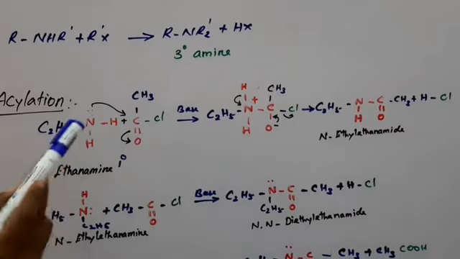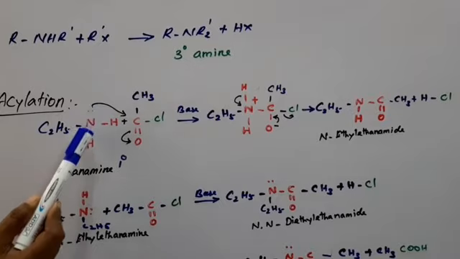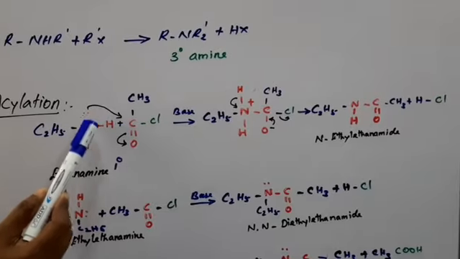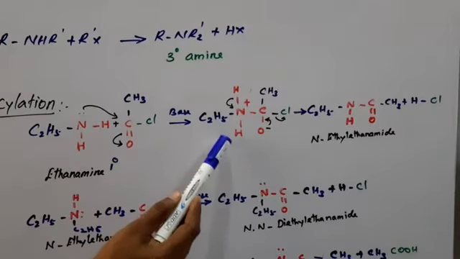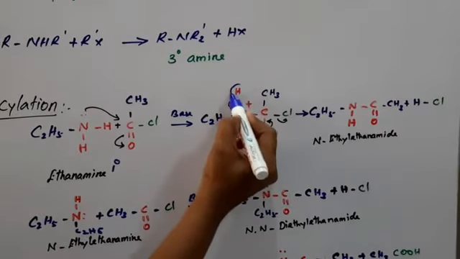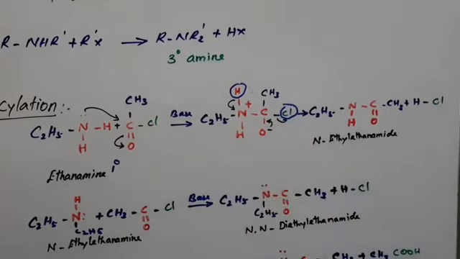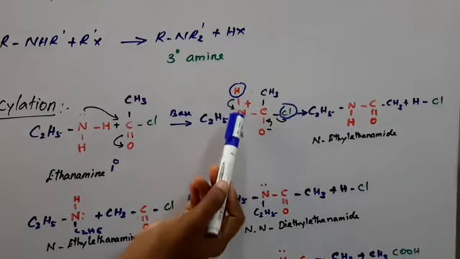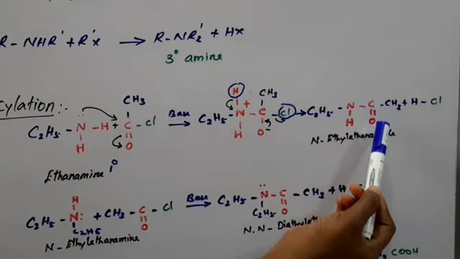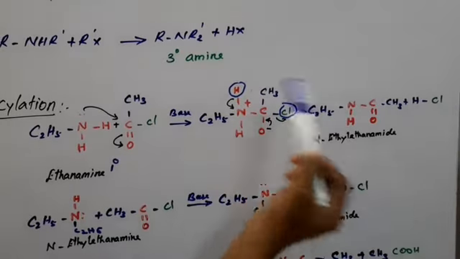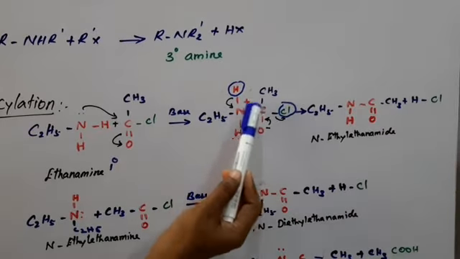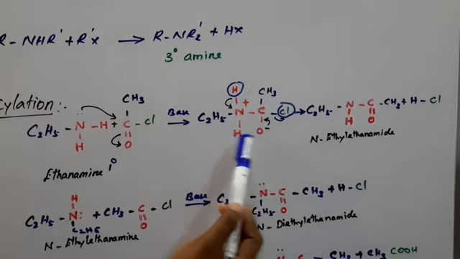Because the nitrogen has a lone pair of electrons, the shifting takes place, and the hydrogen is replaced to form a product. After that HCl is removed, one H and the Cl. This bond is utilized by the nitrogen, so we get C2H5NH, C double bond O and CH3, plus HCl.